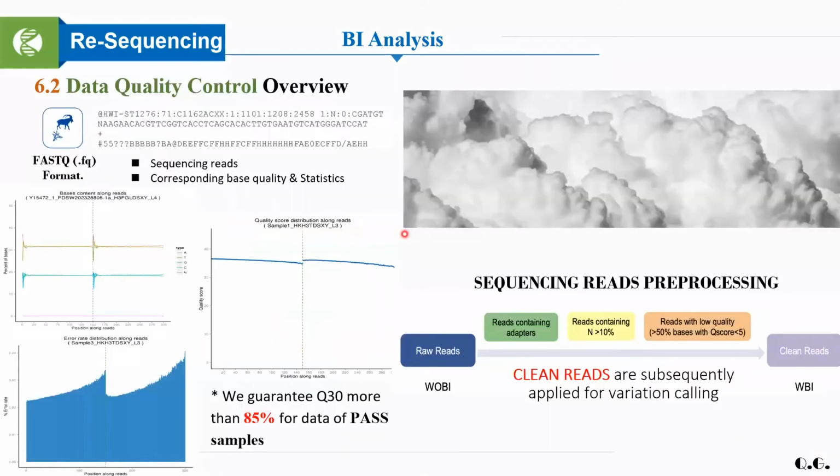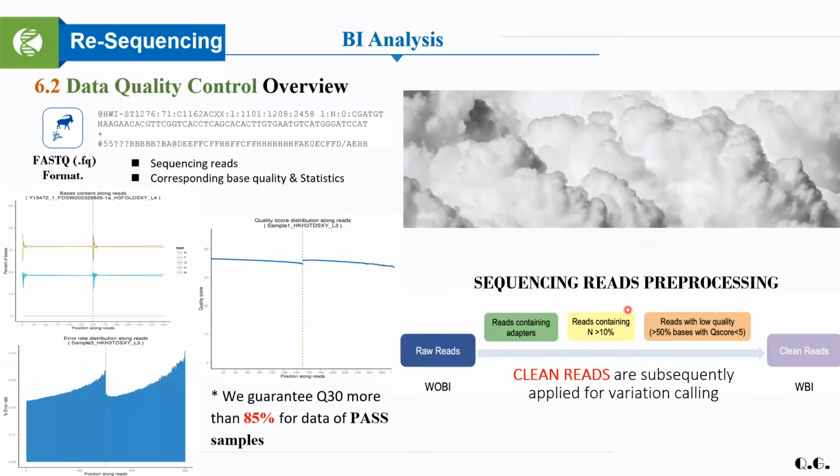And Novogene conducts stringent data quality control in which quality evaluation and data filtering are implemented to ensure the accuracy and reliability of sequencing data are qualified for the downstream bioinformatic analysis.